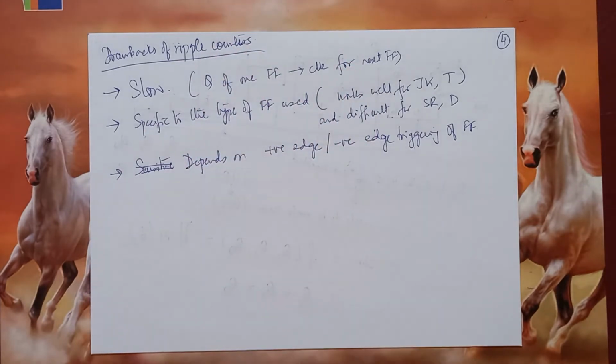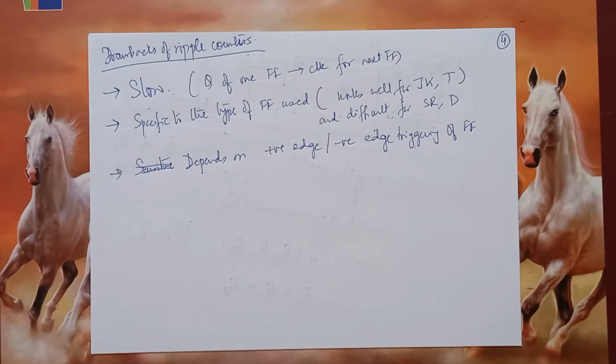So these are the drawbacks of ripple counters. And therefore, these ripple counters or asynchronous counters, they don't find that much use in real life, unless there is some real difficulty with having the clock going to multiple flip-flops.